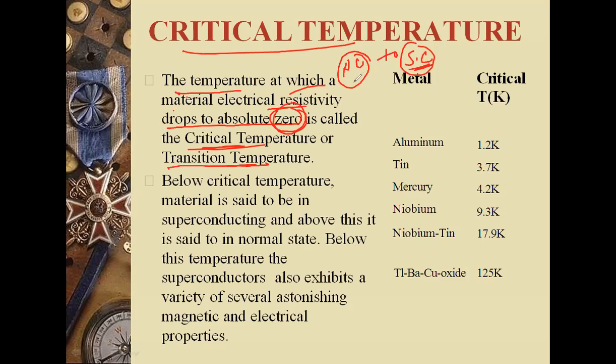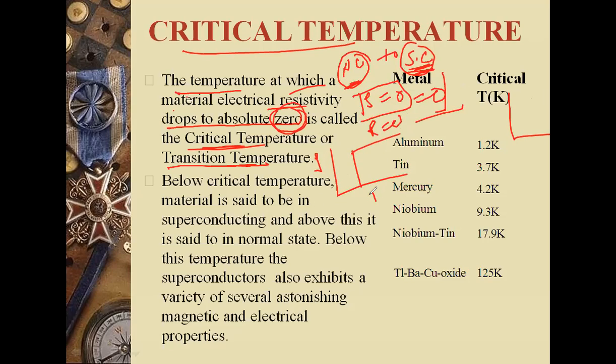When the material moves from normal to superconductor, what is the fundamental property? Resistivity is zero. Resistance is zero. It suddenly drops. Resistivity versus temperature: this is TC. It suddenly drops its resistivity to zero.